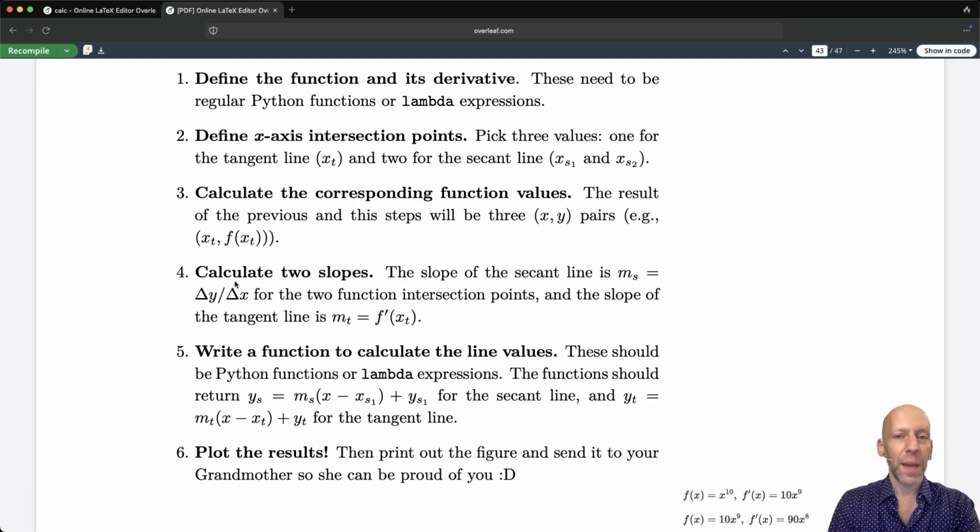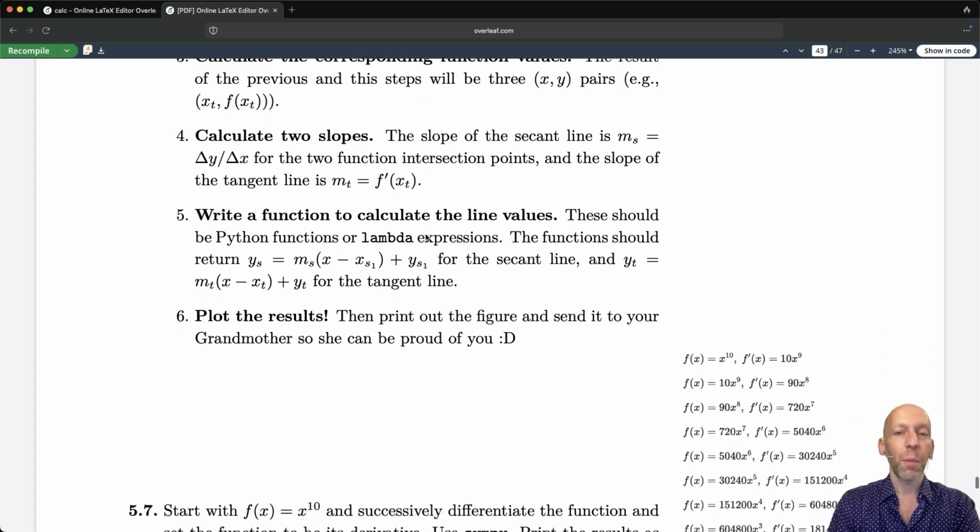In this case, that is the change in the function values between x s2 and x s1 divided by the change in x values. Okay, and then for the tangent, the slope, of course, is the derivative at that point. So this is the slope of the tangent function at point x sub t.